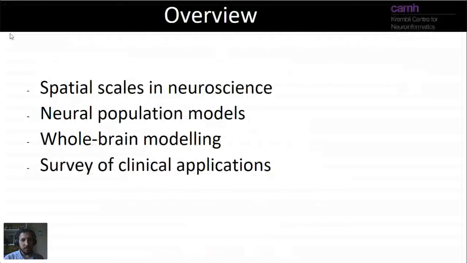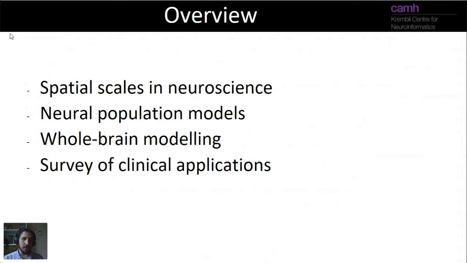So here's the plan for this session. I'm going to talk briefly about spatial scales in neuroscience and the flavor of modeling that I'm going to be talking to you about, which has two components.